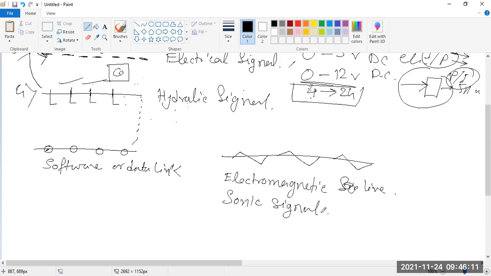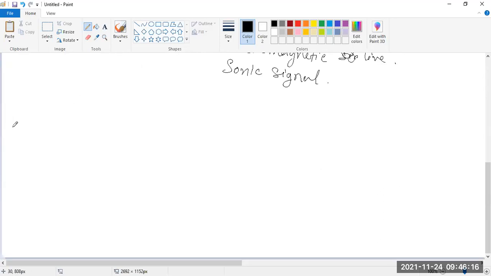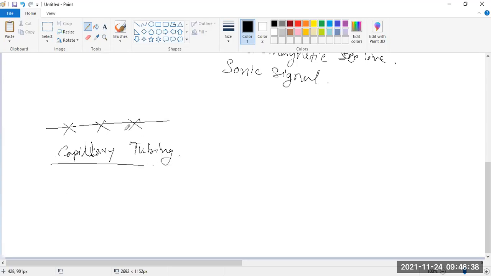Another symbol is there. If you look at any panel, you can see this type of signal. This is a capillary tube, tubing. Okay, this is capillary. So these are the signal symbols, and then we will go for the P&I diagram.